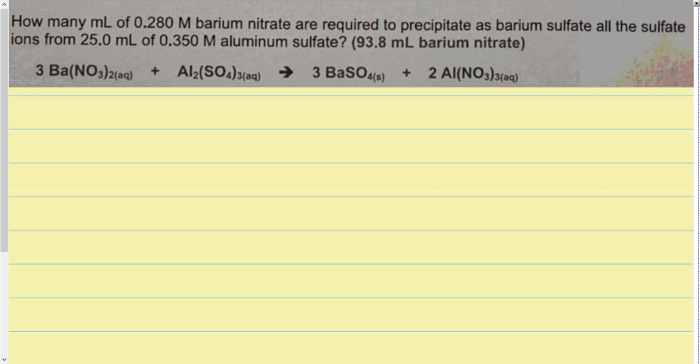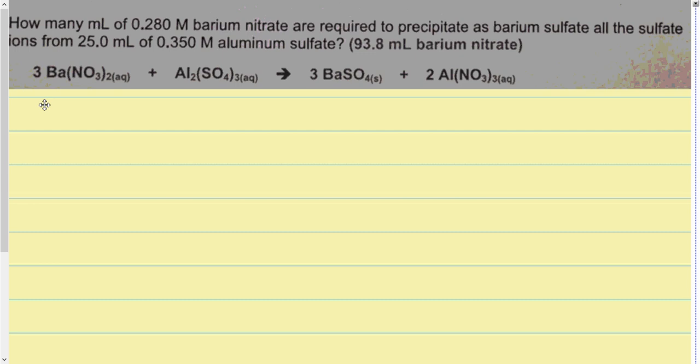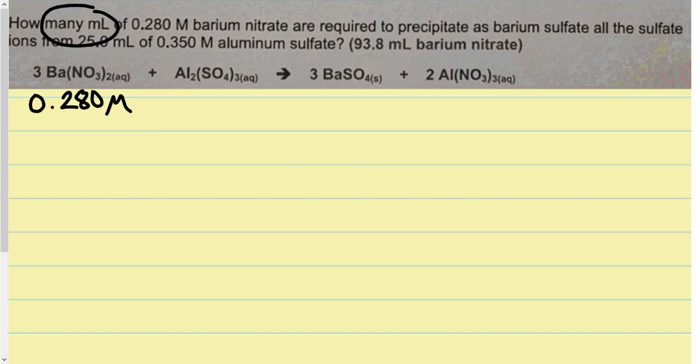So in terms of the barium nitrate, it is given as 0.280 molar. And we're told to find the volume in milliliters. So volume in milliliters is our unknown.